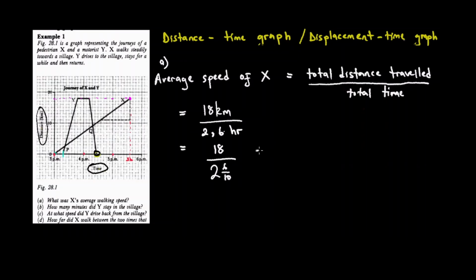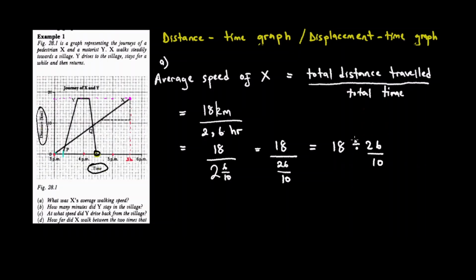So this is equal to 18 over, converting this mixed number to an improper fraction: 2 times 10 is 20, 20 plus 6 is 26, so it's 26 over 10. This is equal to 18 divided by 26 over 10.